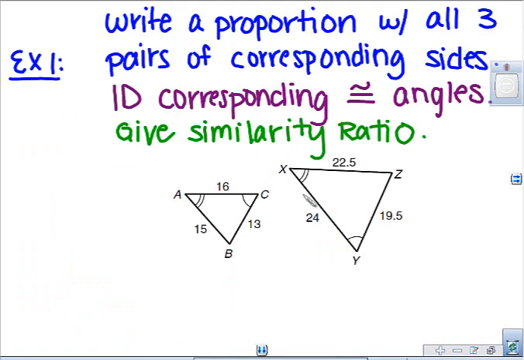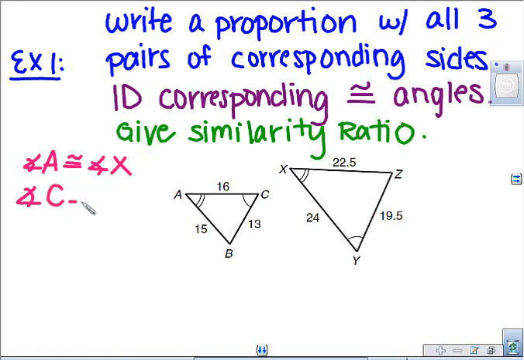Okay, so first I'm going to use the marks that are given. So the two arcs mean that angle A is congruent to angle X. Angle C has 1, so it's congruent to angle Y. And then angle B is what's left, must be congruent to angle Z. Now the side lengths, okay, AC goes from 2 marks to 1.